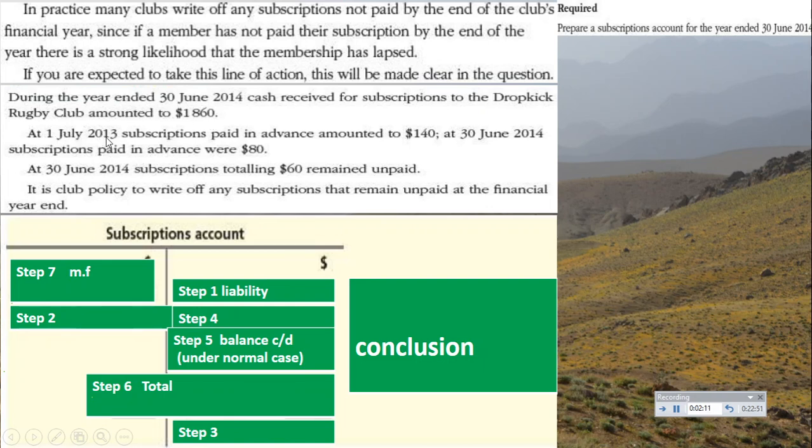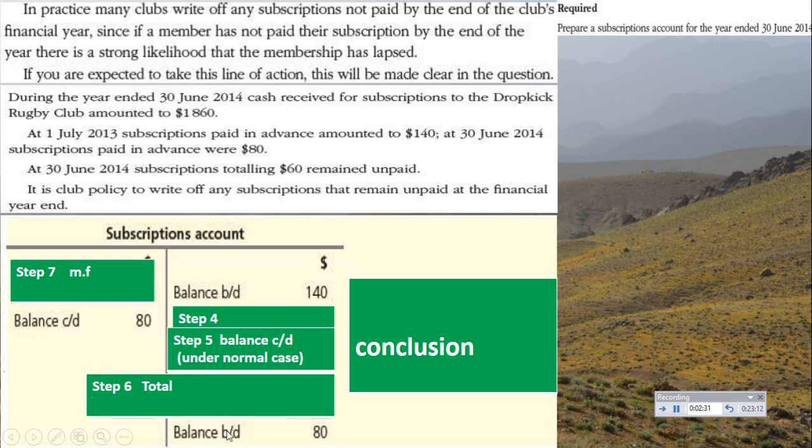At 1st July 2013, that's the start of the year, subscription paid in advance amounted to $140. So at the start of the year, advance subscription is a liability. It comes in step 1, 140, current liabilities. At 30 June 2014, subscription paid in advance was $80. That's also a liability, but we put it on the credit side, and then that CD becomes PD. So ultimately it is still our liability.